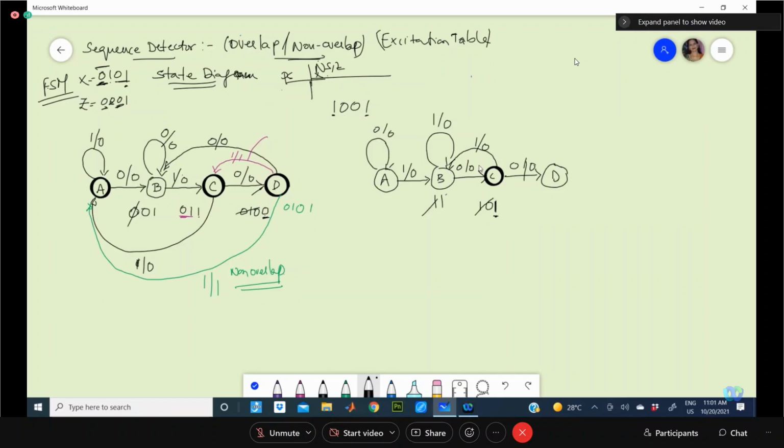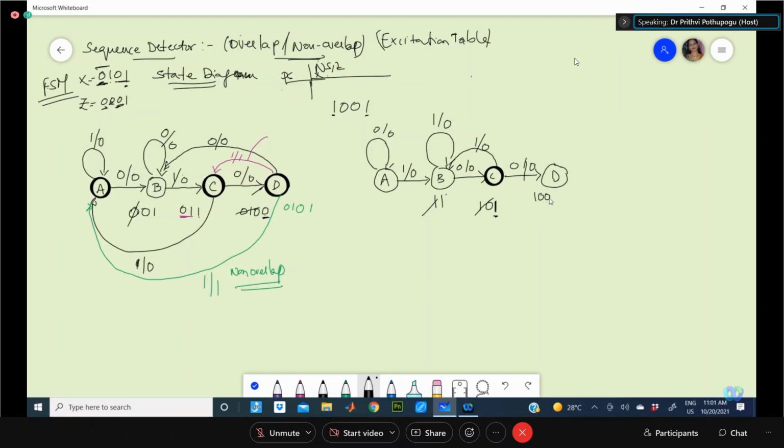So take the transition, generating output of 0. Now when you receive 0, 0, you reach D. If it is 0, that means no bit is in the first bits of the next sequence.